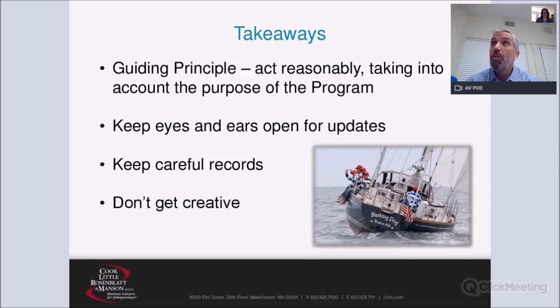And I think what we have found is that when there's an issue that either is clearly not addressed or has not been addressed before, or that's politically hot, like big companies taking PPP loans out, those are the ones that tend to generate the updates.